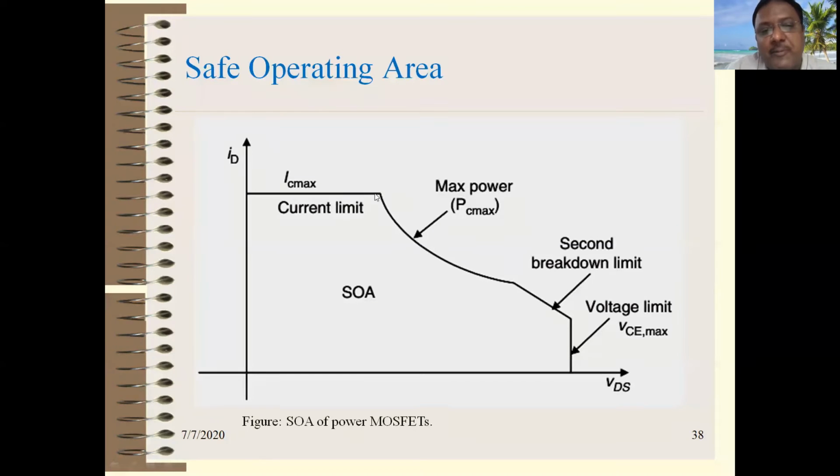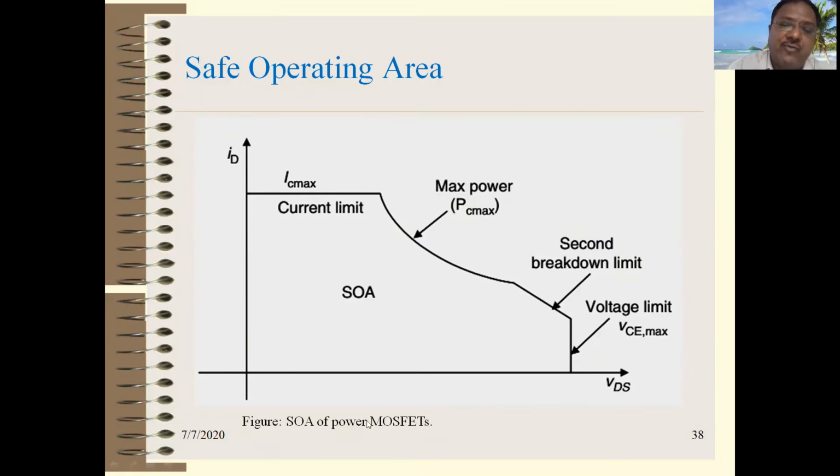Similarly, maximum power. This shows that as your VDS increases, the power handling capacity decreases, right? As you increase the VDS, secondary breakdown limits are given. Your device may break down in a secondary breakdown, and these are called the voltage limits. So if you increase the VDS beyond these voltage limits, then your device may get damaged, right? So we have to work this device in the safe operating area.